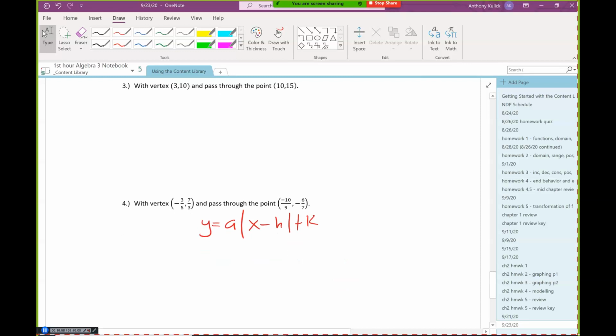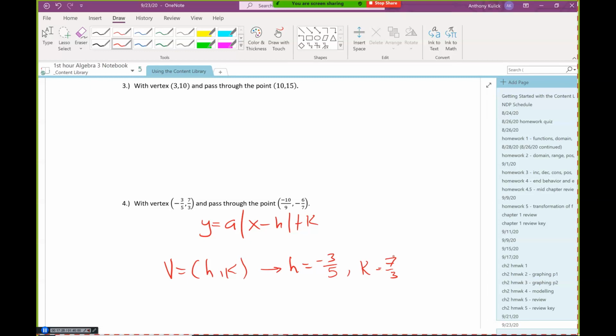Now, 2 of those 3, A, H, and K, are really easy to get. The key is remembering that the vertex is (H, K). So right away we can tell for this problem that H is negative 3/5 and K is negative 7/3. We kind of remember doing that?